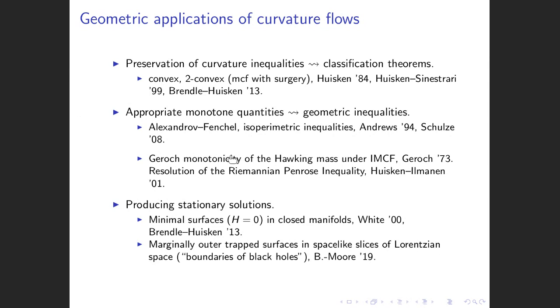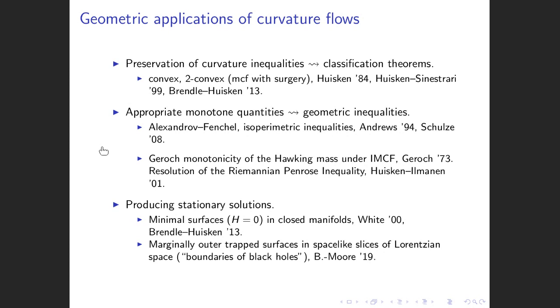And also there's a very interesting application by Geroch, the monotonicity of the Hawking mass. This is under not mean curvature flow, but inverse mean curvature flow. So the speed is equal to 1 over H. And the Hawking mass is an important quantity for general relativity, and it was shown by Geroch to be monotone under inverse mean curvature flow.